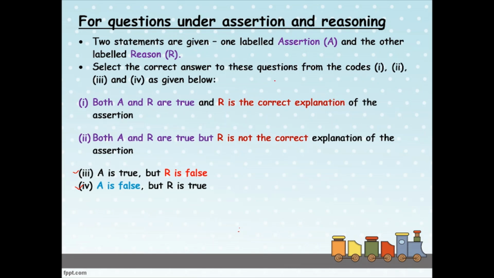If it is connected, go for option 1, that is A. If it is not connected, go for option B. So this is the way you can answer assertion and reasoning questions.